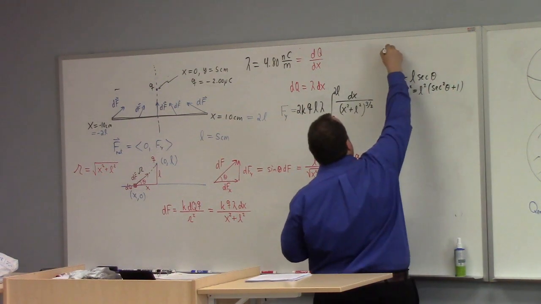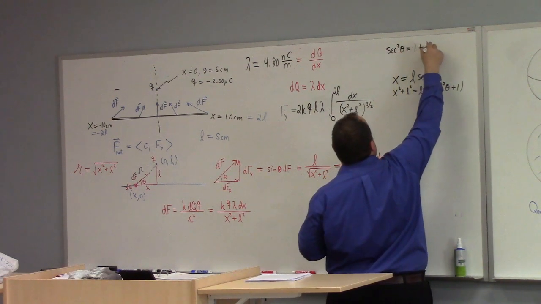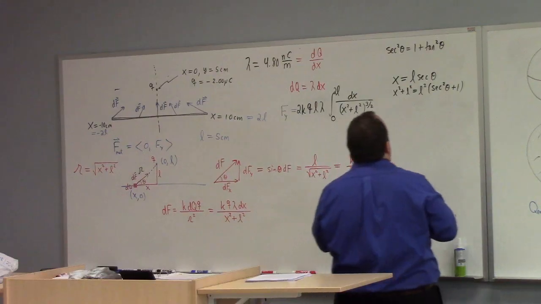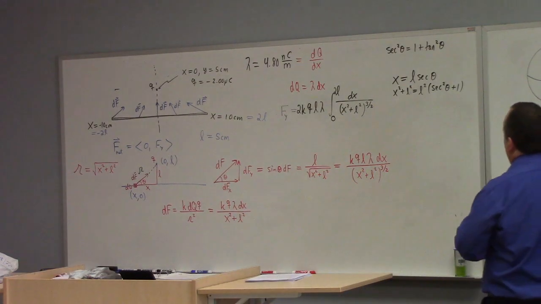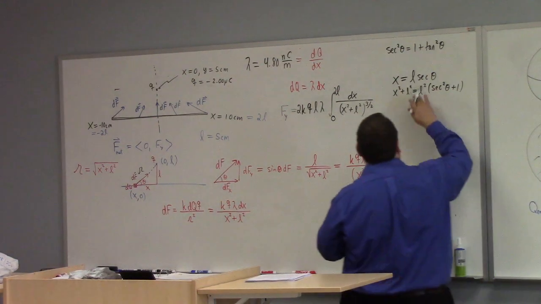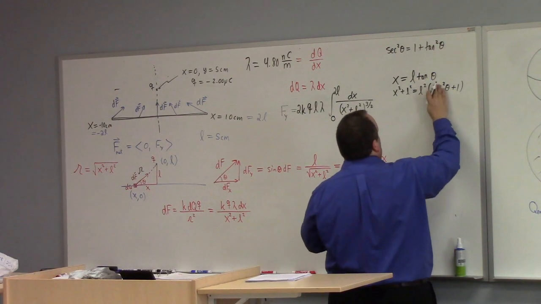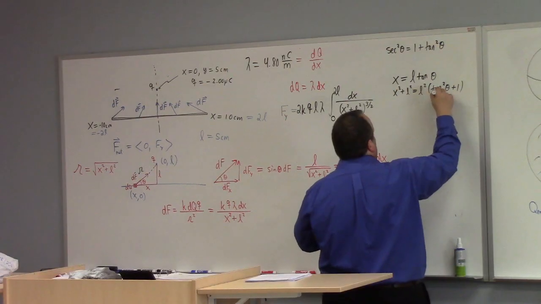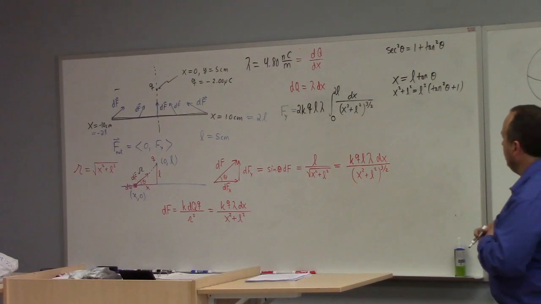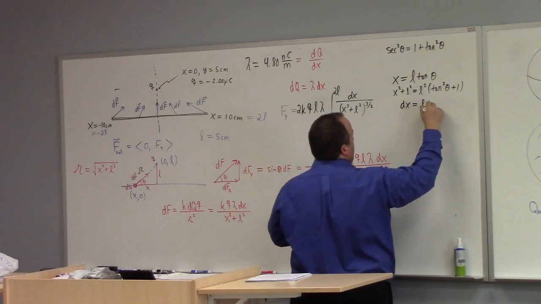Remember, secant squared theta is equal to 1 plus tangent squared theta, right? Which suggests I have made the wrong substitution. So that was not a secant theta problem. This is a tangent theta problem. This is why I need to teach calculus 2. Oh well. But I checked my work, so we're okay. So anyway, tangent theta, that's better. Tangent squared theta plus 1 is secant squared. And lo and behold, dx is L secant squared theta d theta.